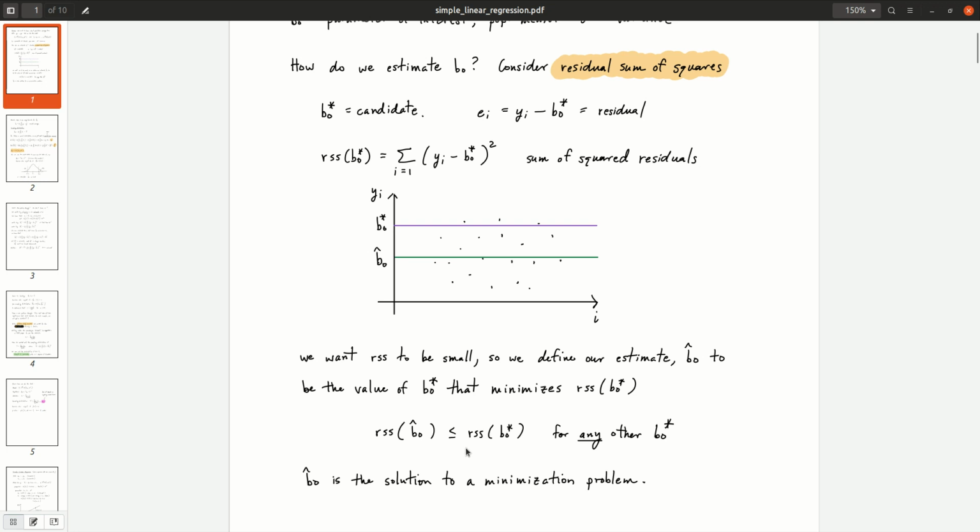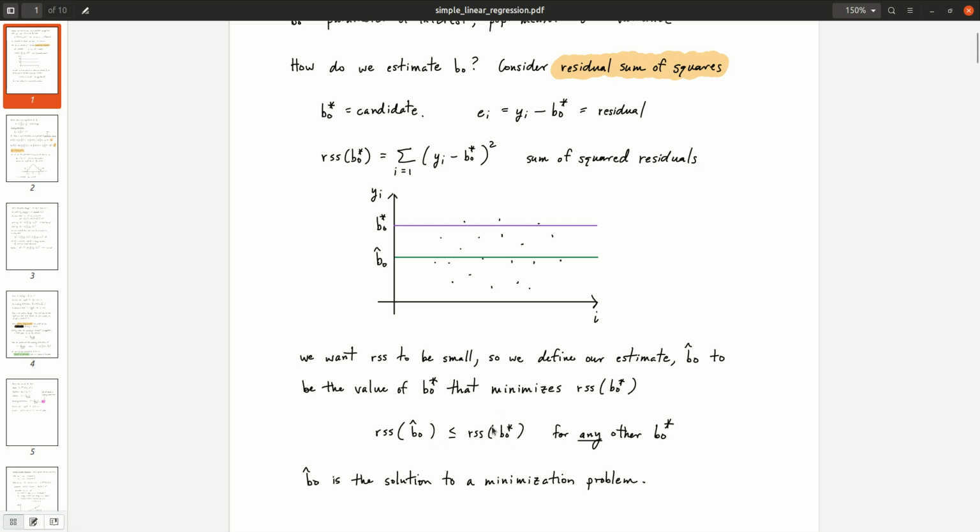So this notation might be a little bit confusing at first because we're introducing another symbol here, B0 star. How I want you to think about this is that this is just the input to a function. So if you think about, for example, the function y equals x squared, x is like the input to that function. So this is just something that you can give and you can calculate a residual sum of squares for, and you want to pick the value of B0 star that minimizes this residual sum of squares.